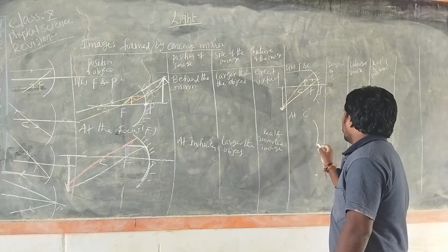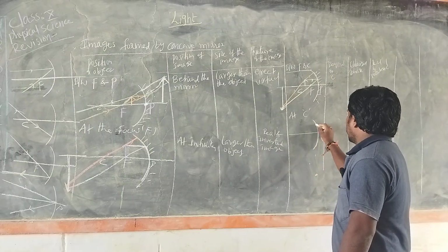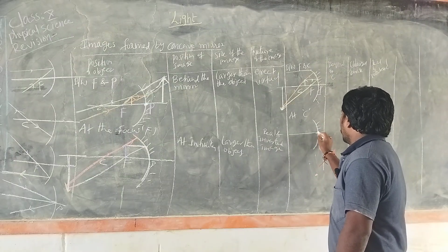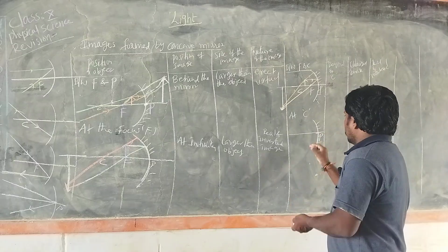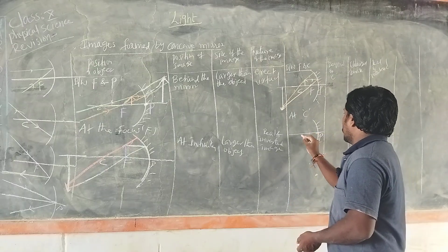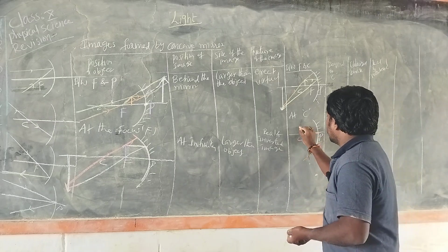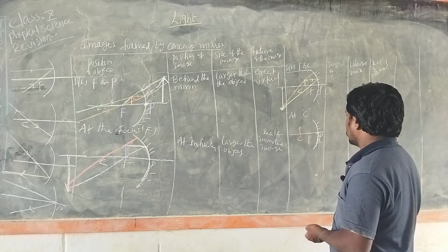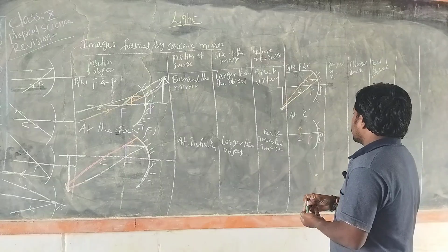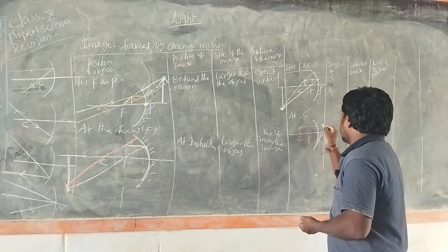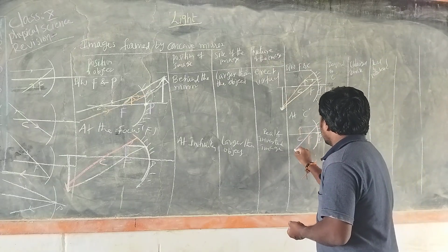So mirror. So P, this is the focus and this is the center of curvature. If the object is placed here, first ray parallel to the principal axis passes through focus.